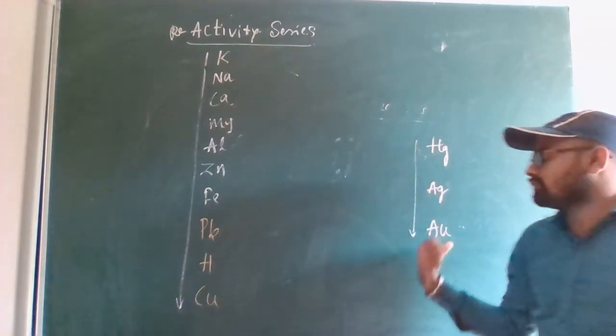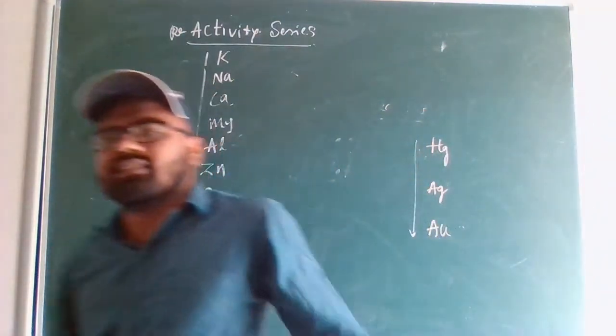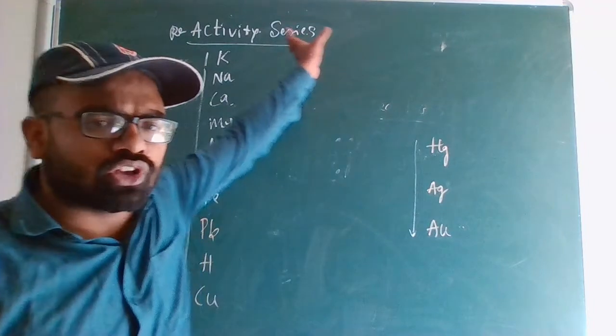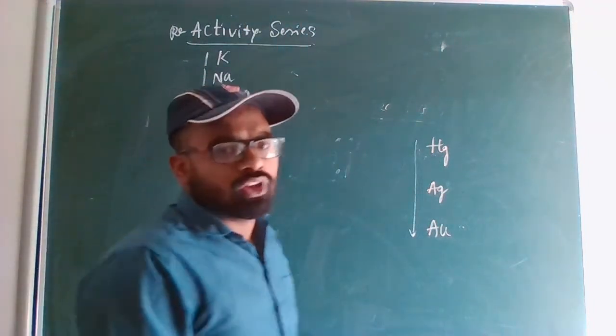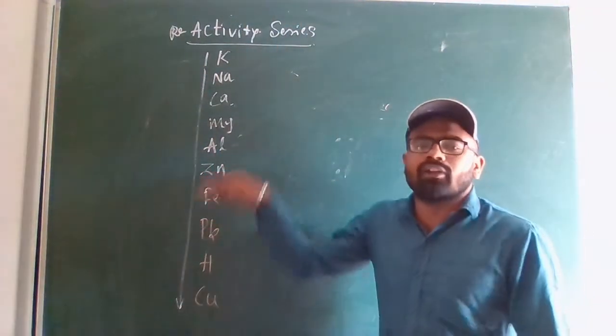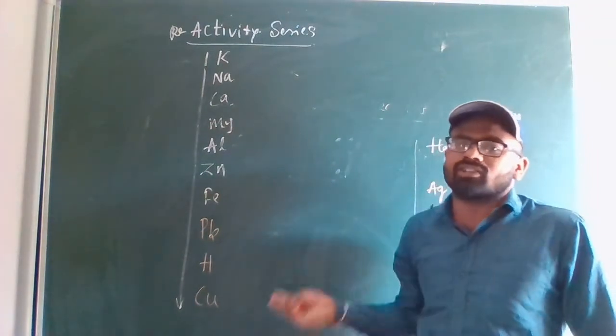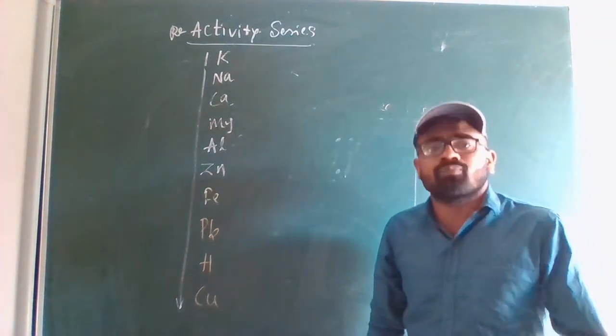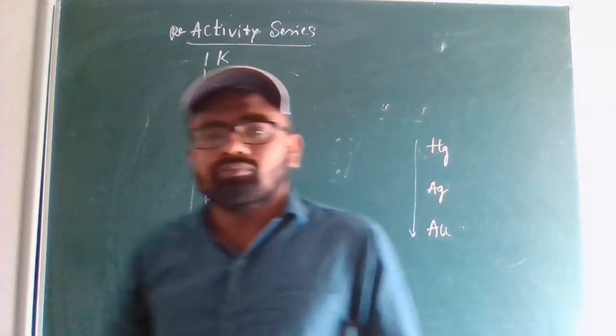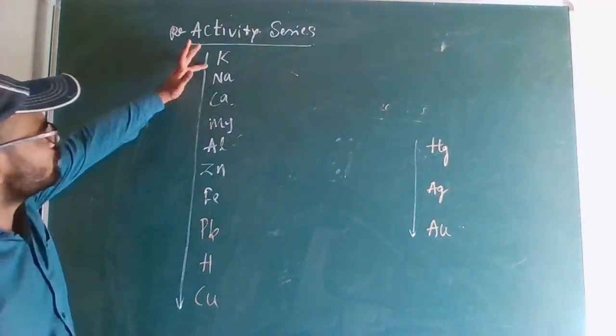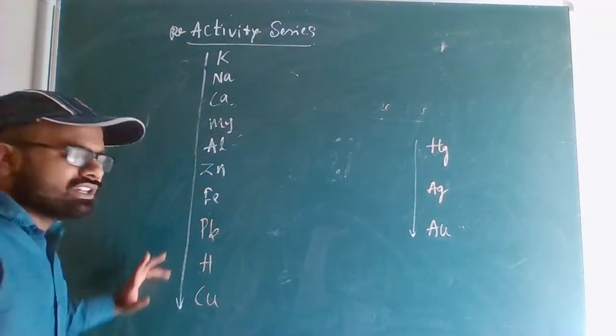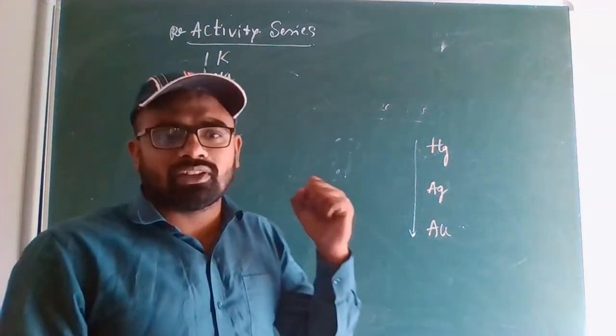Mercury, silver, gold. So all are metals except hydrogen. Those metals which are above hydrogen are the most reactive metals, those below hydrogen are the least reactive metals. You can say that, or you can say potassium is the most reactive metal and the reactivity is decreasing. And how to remember this?